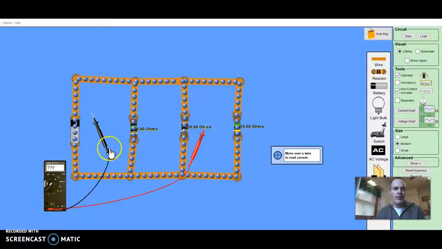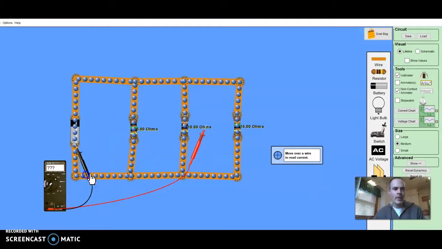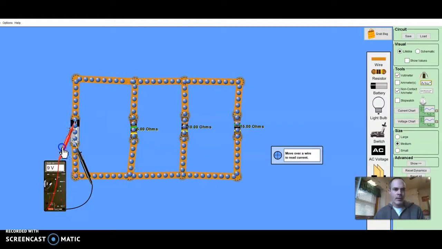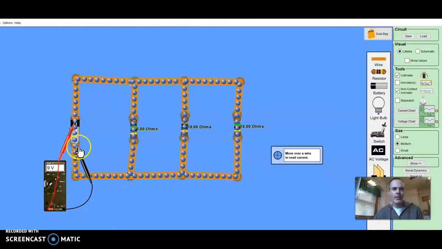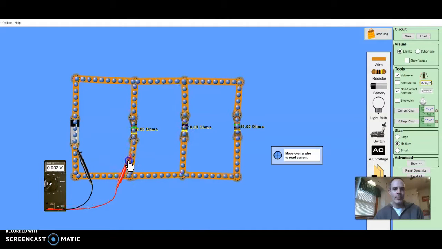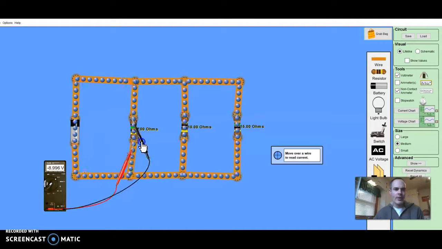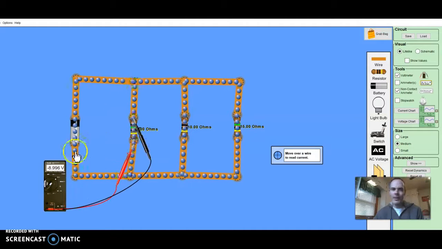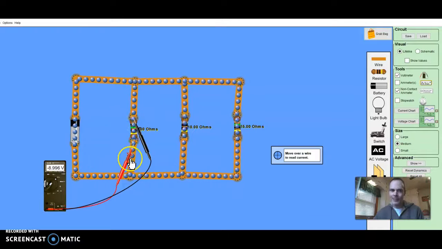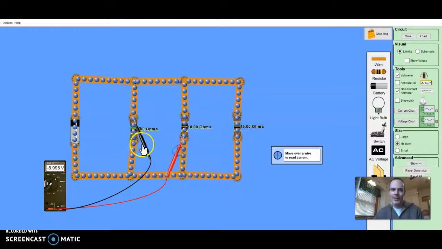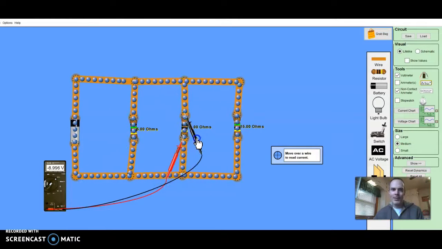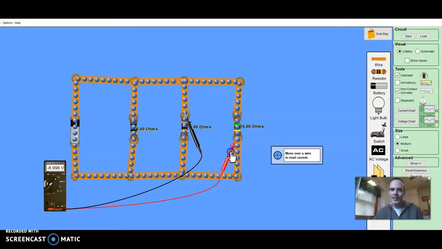I'm going to have my parallel circuit set up, so if I put the voltmeter here, I get 9 across the battery, but let's see about the voltages across each resistor. The 5 ohm gives me about negative 8.996, really close to 9. This one, the same thing.